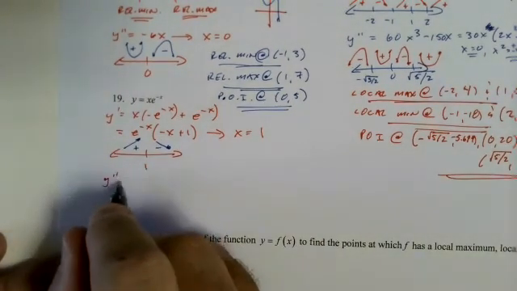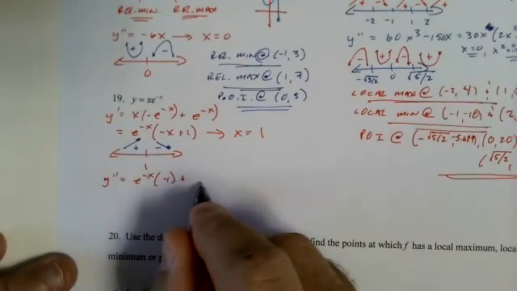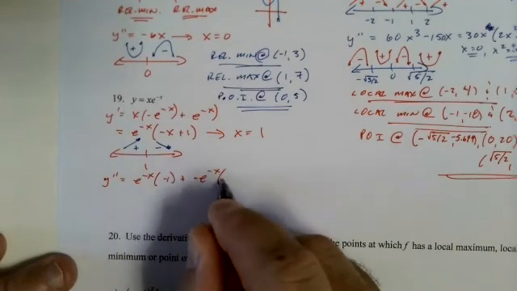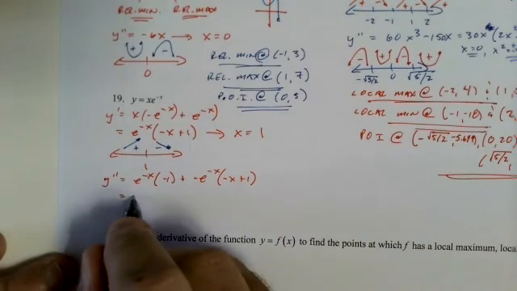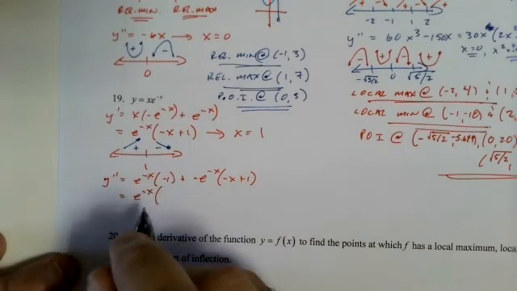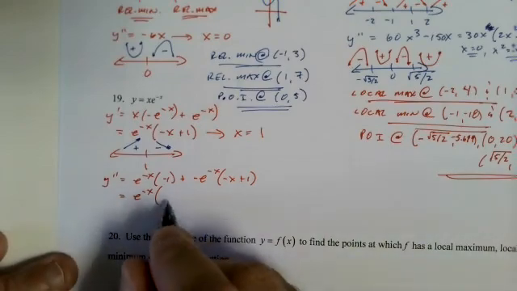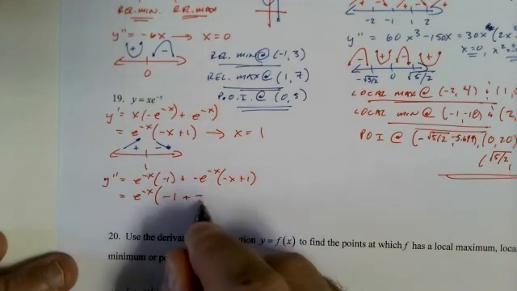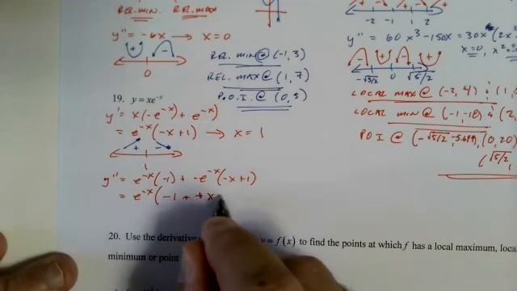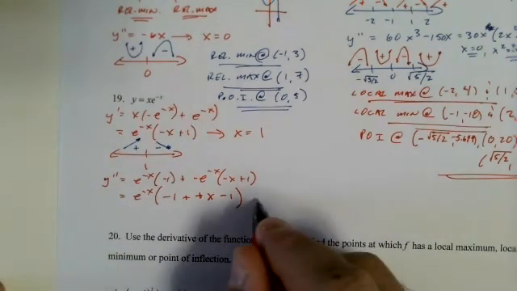y double prime equals, leave it, -1 plus -e to the -x times -x plus 1. Factor out that e to the -x again, leaving us with -1 plus -x minus 1, also known as x minus 2.